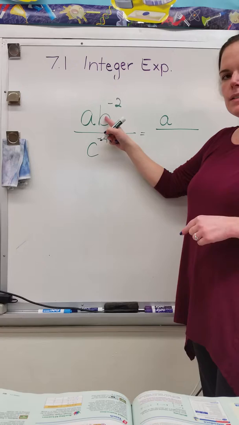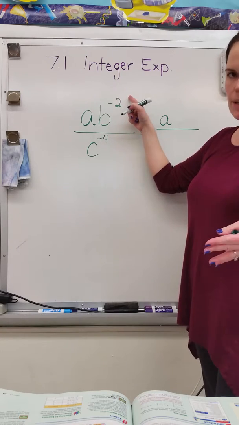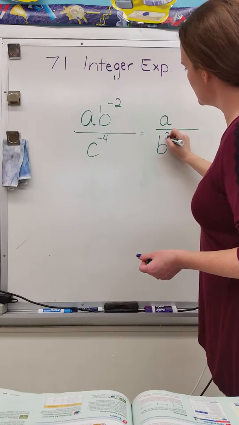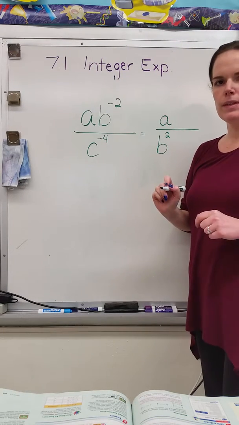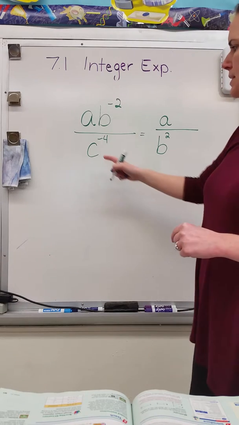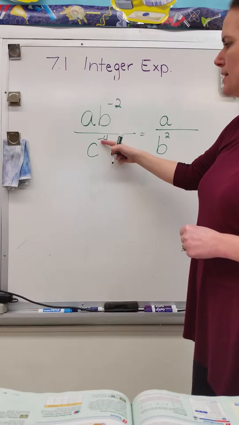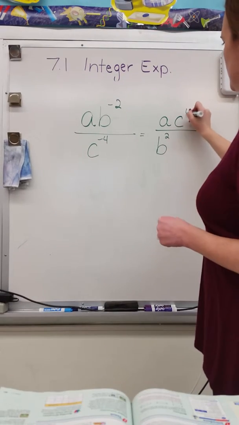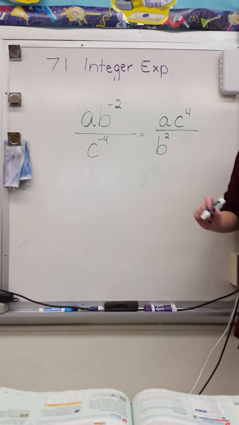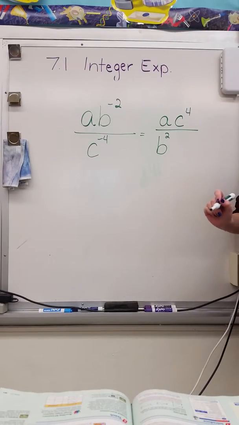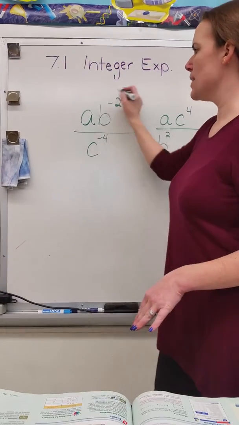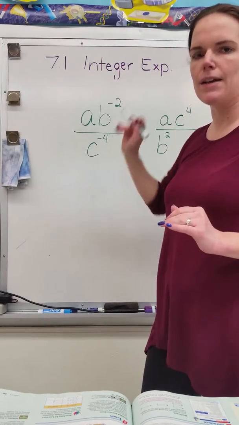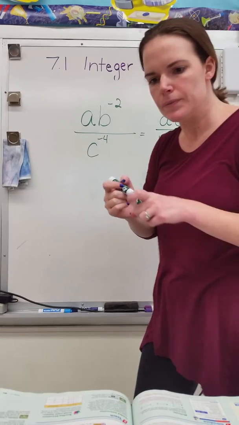This b to the negative second power is going to be down here now, and positive. And then c to the negative 4, since it's down here, you would move it up here and make it positive. So, keeping in mind, when you have these negative exponents, it has nothing to do with negative. It just means move it to the other side of the fraction bar. It's a reciprocal.